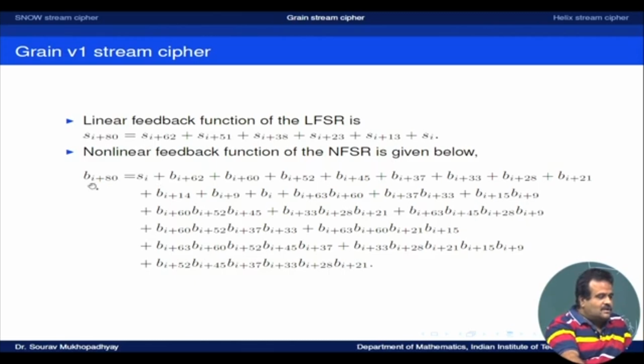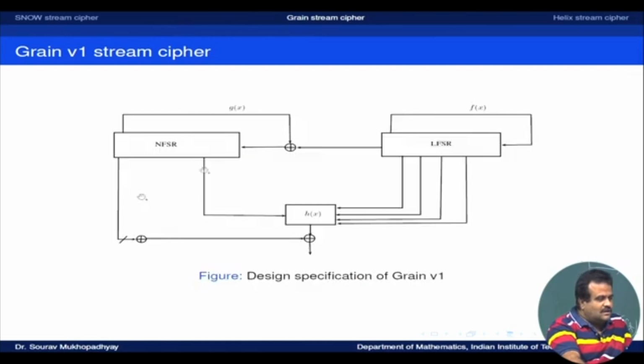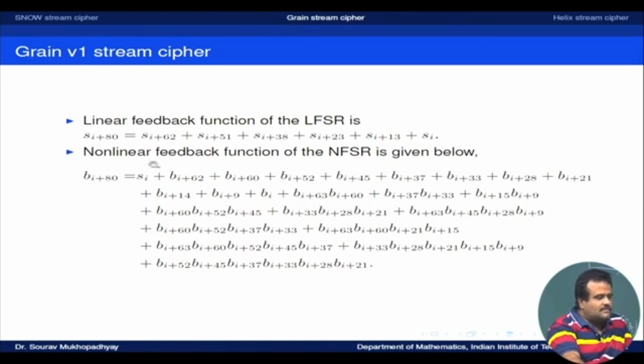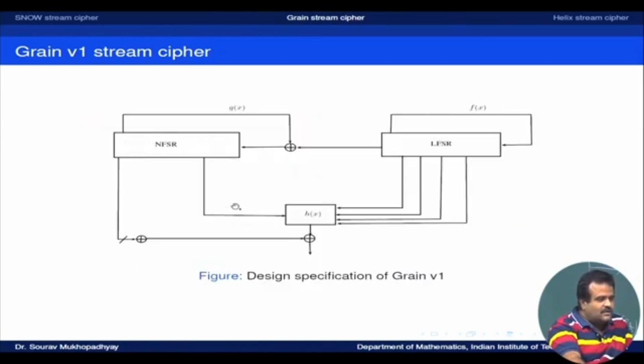And this is the corresponding state update function for the NLFSR. This one is the g function. For the NLFSR, we get the state from the LFSR, which is XORed with this g(x). g(x) takes the input state of the NLFSR and applies the g function, and then it is XORed with this x_t, which is the state coming from the LFSR, and that is the new bit for the NLFSR.